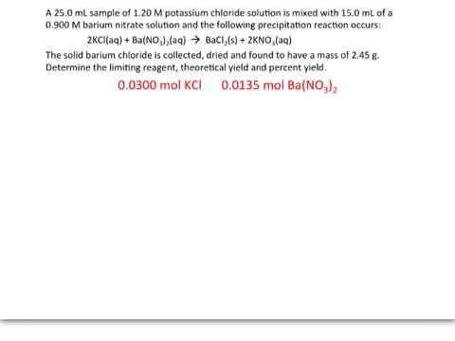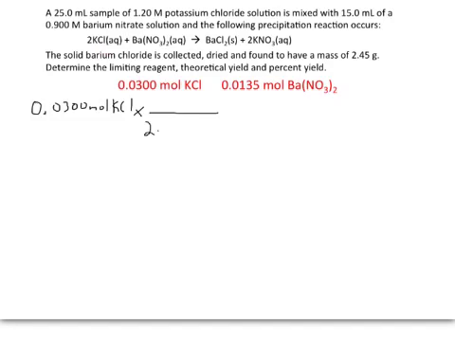Okay, so I have the moles of each reagent from the previous slide. So now I'll see if each one of these is the limiting reagent, how much product could I theoretically make? And so if I do KCl first, I see from my reaction that the mole-to-mole conversion is 2 moles of KCl can make 1 mole of barium chloride.